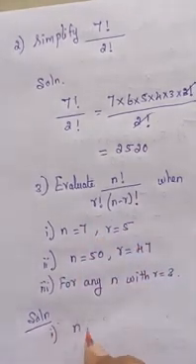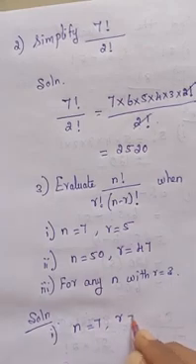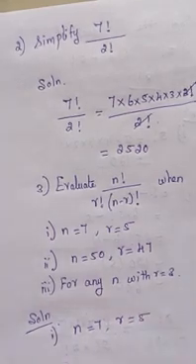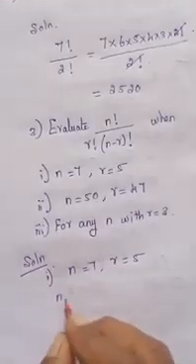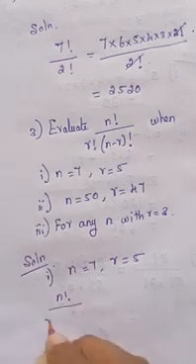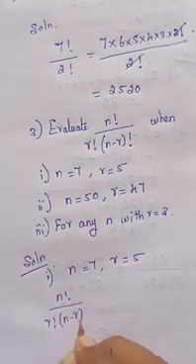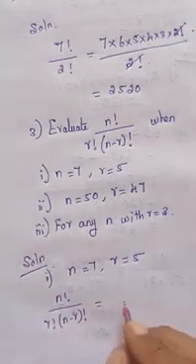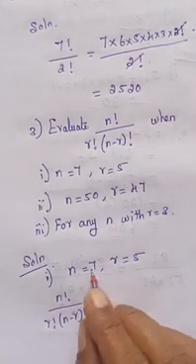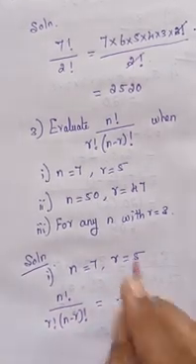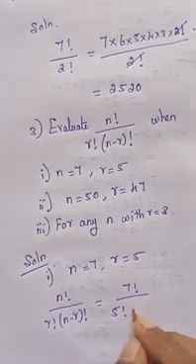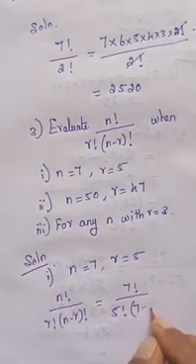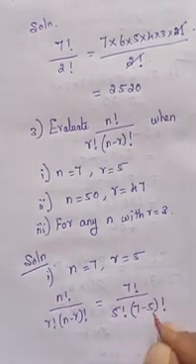Subdivision 1 is given n equal to 7 and r equal to 5. Shall we find out n factorial by r factorial into n minus r factorial? See, n factorial, 7 factorial by r, 5 factorial into n minus r, 7 minus 5 factorial.